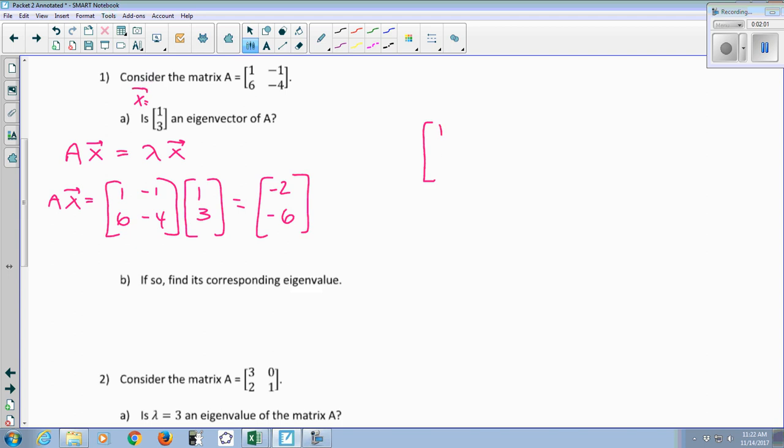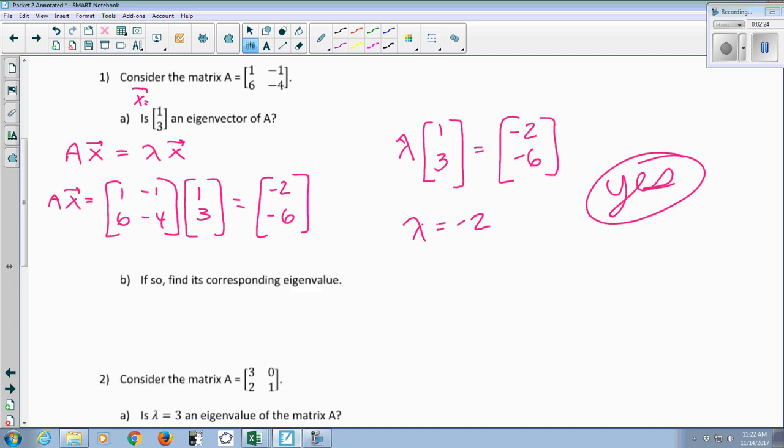Is there a lambda so that lambda times (1, 3) equals (negative 2, negative 6)? Yes. So (negative 2, negative 6) is a scalar multiple of my x, and lambda would be negative 2. So is it an eigenvector? Yes, and the corresponding eigenvalue is lambda equals negative 2. A times x gives you a multiple of x. That's what eigenvector means.